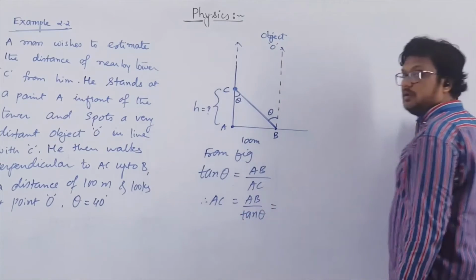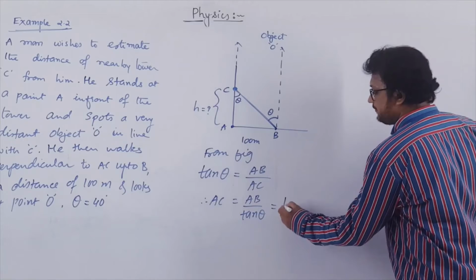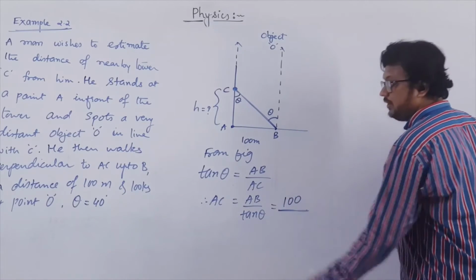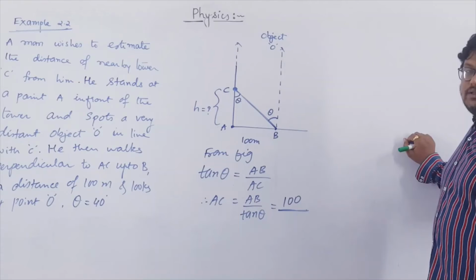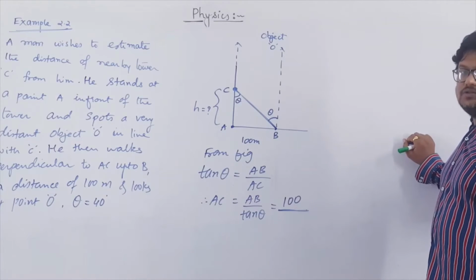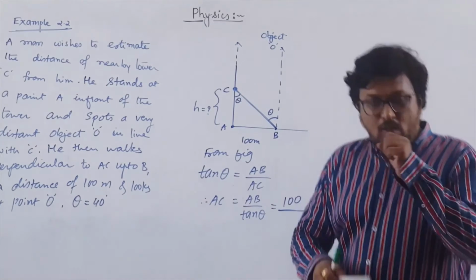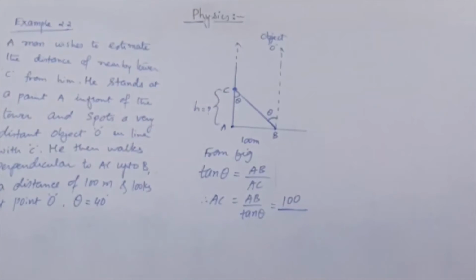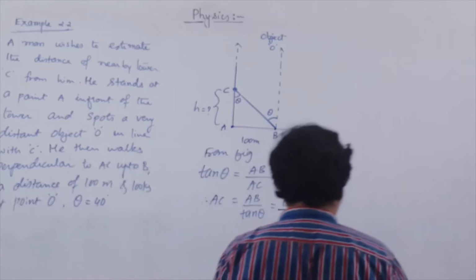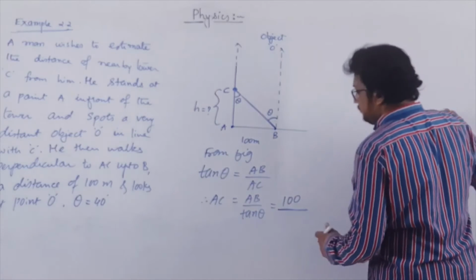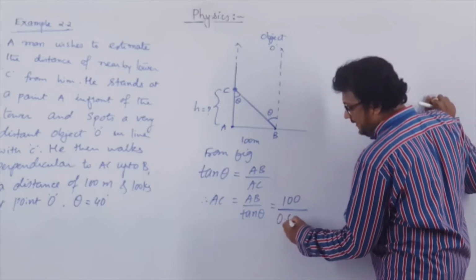Therefore AC will be equal to AB by tan theta. Now the value of AB here is 100 meter and tan 40. You have to remember the value of tan 40. Right, tan 45 is 1. So the value of tan 40 is 0.8391.